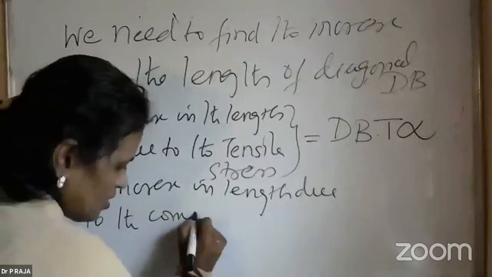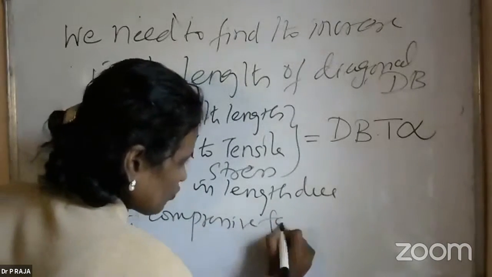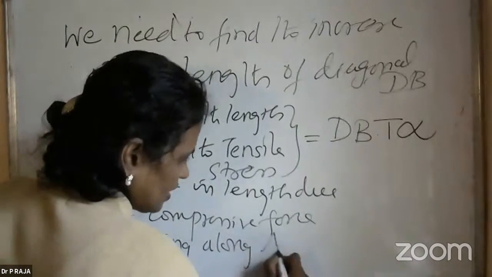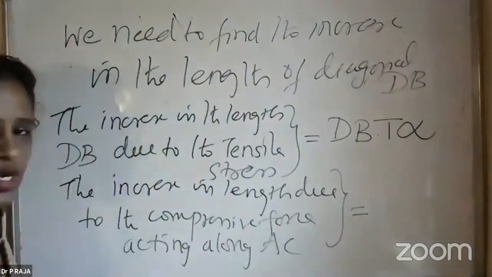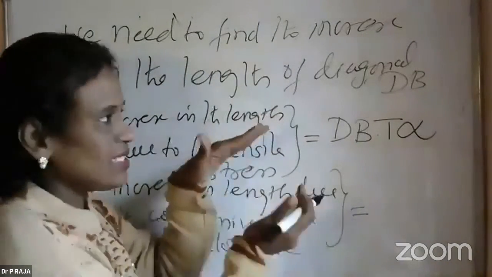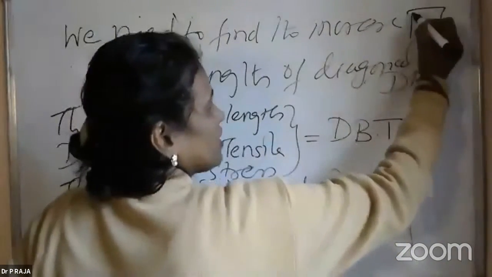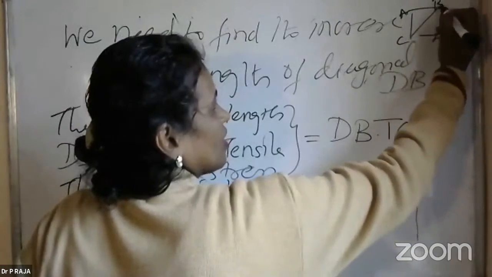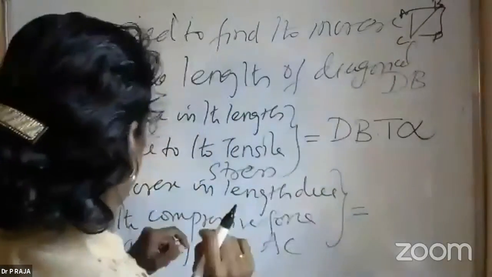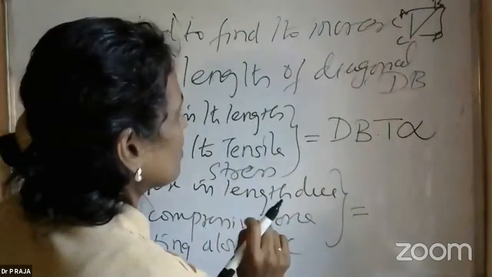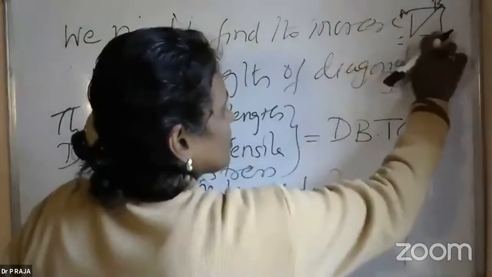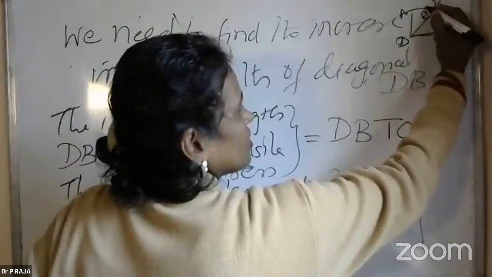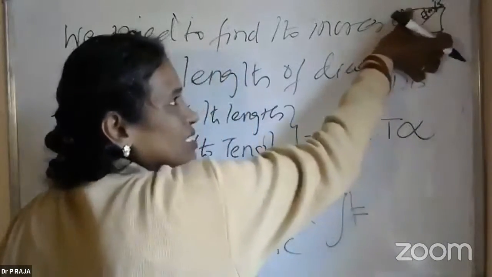The increase in the length due to the compressive force acting along AC is equal to dB along AC direction. Do you remember this figure? A, B, C, D. Along DB there is an elongation, and along AC it's compressing.